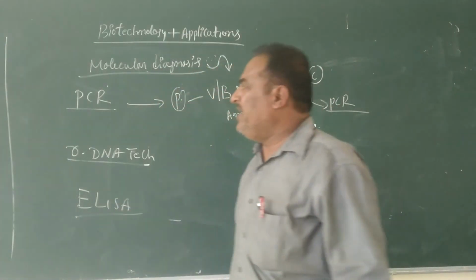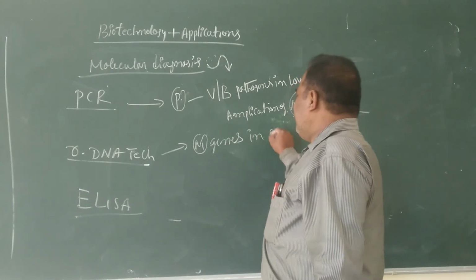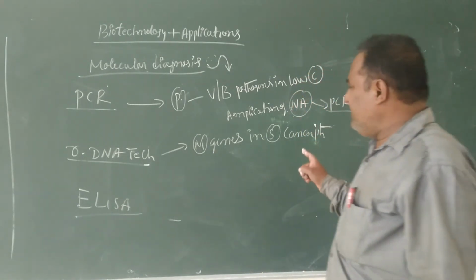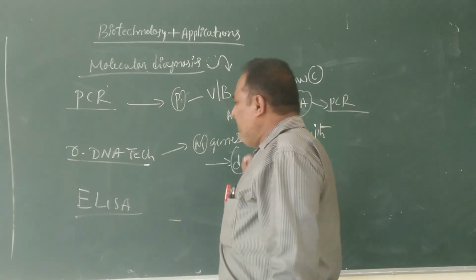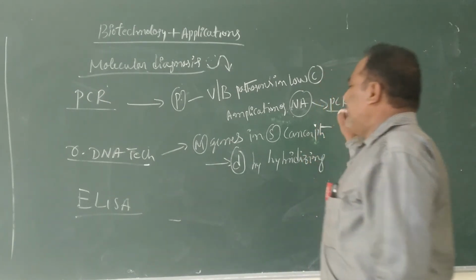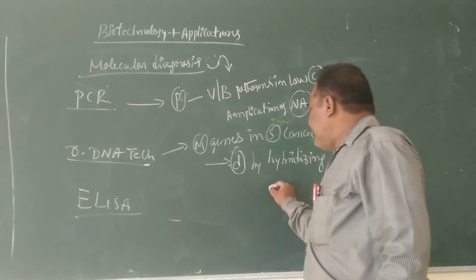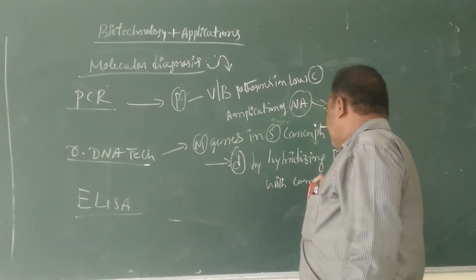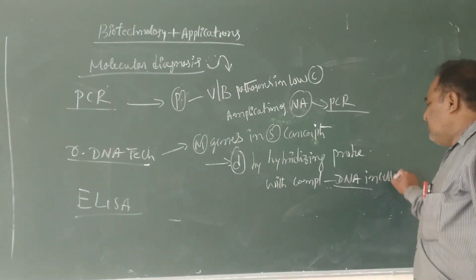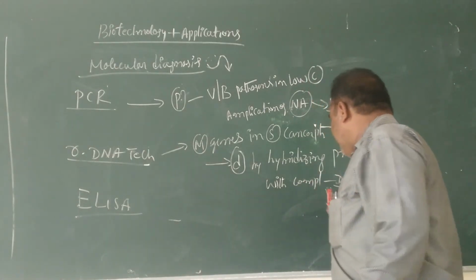And one more technique is called rDNA technology. In this method, mutated genes in suspected cancer patients can be detected by hybridizing a test probe, or radioactive probe, with complementary DNA in the cells of the patient, followed by autoradiography.